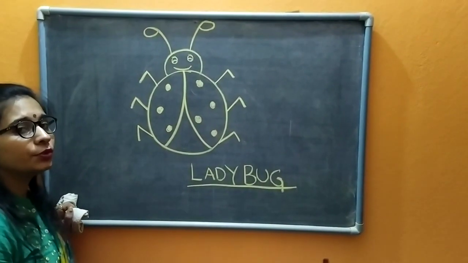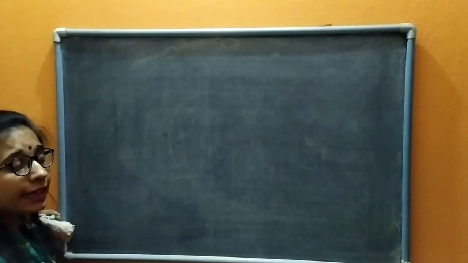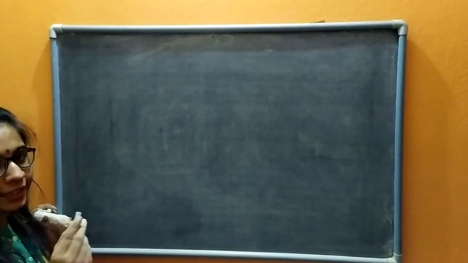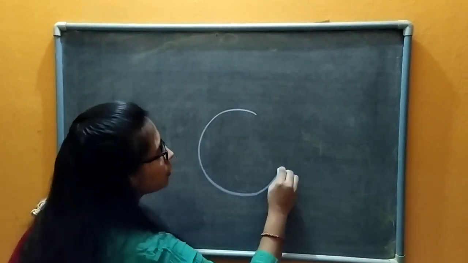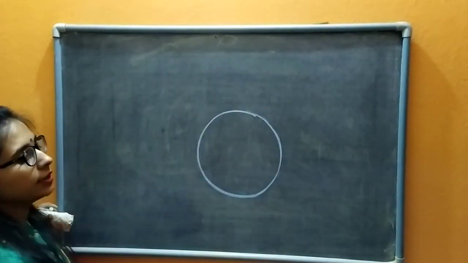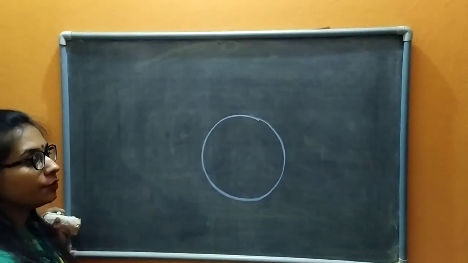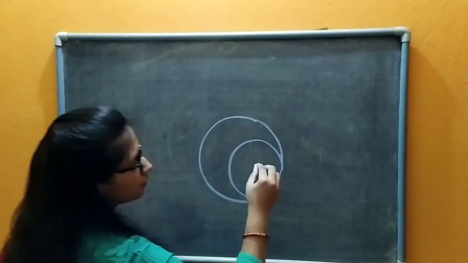Now let's move to the next. Let's draw our next and last picture for this day. So first of all, you have to draw a circle like this. Okay? You have drawn a circle. Then what you have to do? You have to draw another one inside.